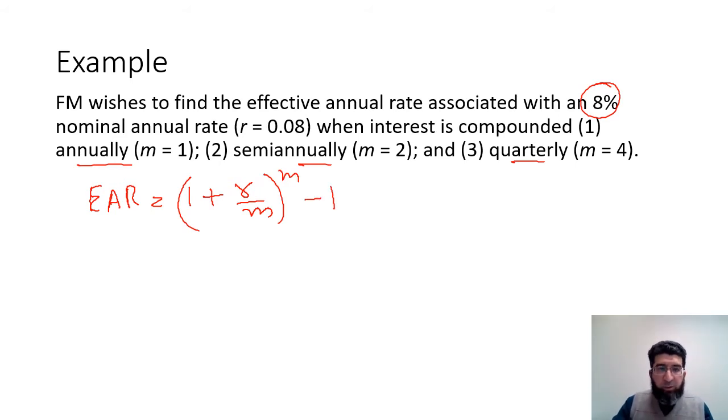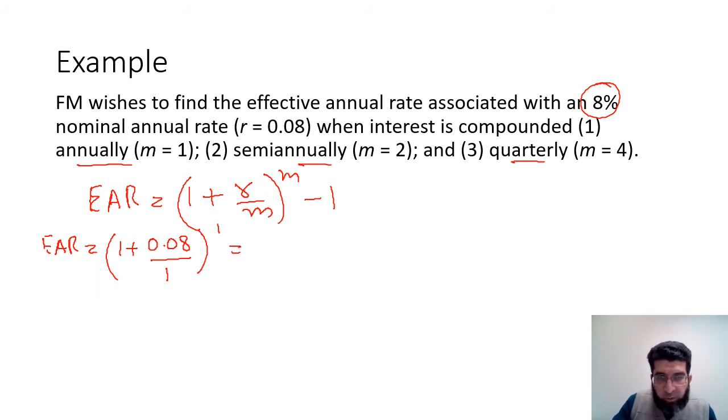Now this will give us the effective annual rate, and we can compute it for these three values. First, EAR equals 1 plus 0.08 divided by 1, where 1 is for annual, raised to the power 1, minus 1, which comes out to be 0.08 or 8%. So it's the same as the APR or simple interest rate.